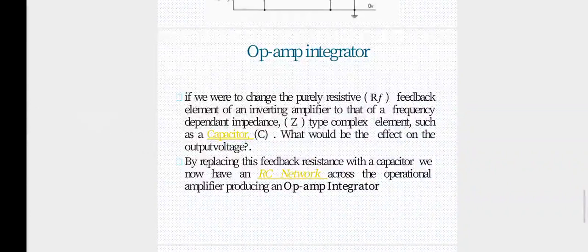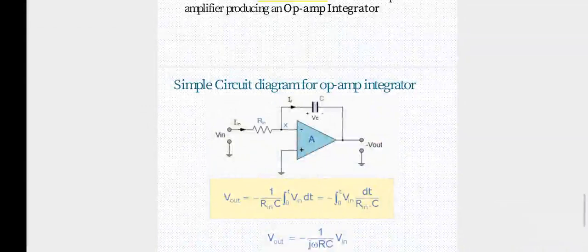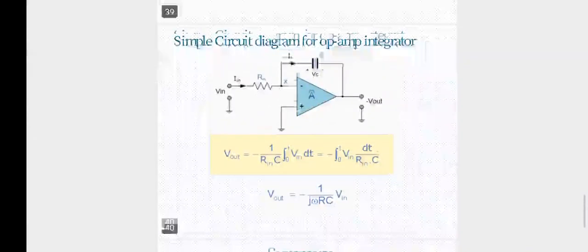If you remove this resistance and connect a capacitor, the op-amp is automatically considered an integrator. You can see the diagram: the feedback resistance is replaced with the capacitance, and the circuit acts as an integrator. We can calculate the output of the integrator from the equation.